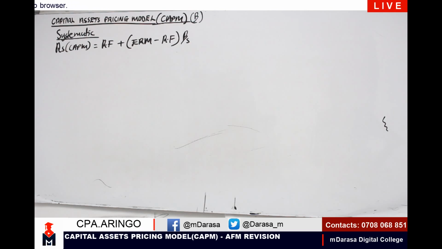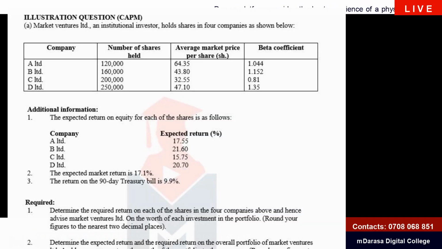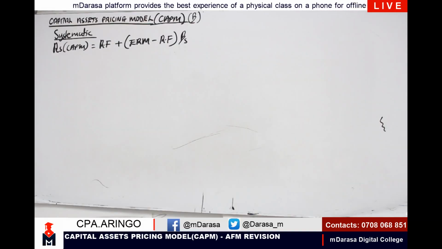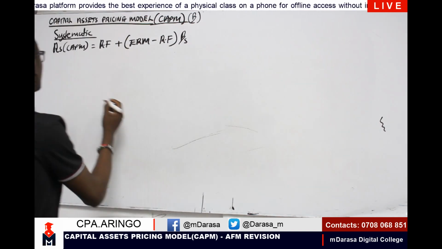Anytime we are dealing with the capital asset pricing model, my good students, and we are asked to determine the worth, you should always remember that what the examiner wants us to determine is what we normally refer to as the alpha value.